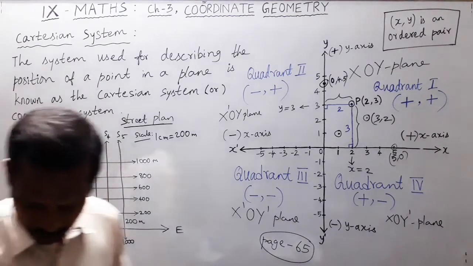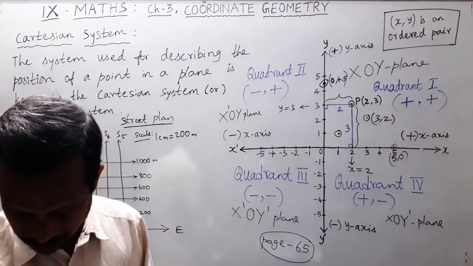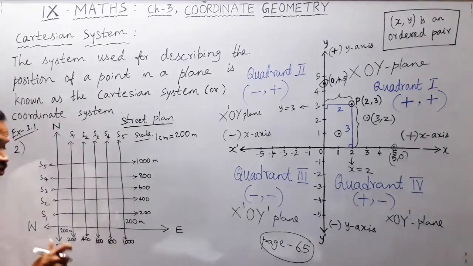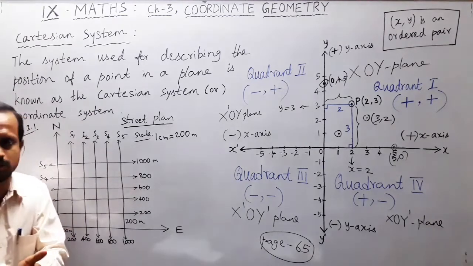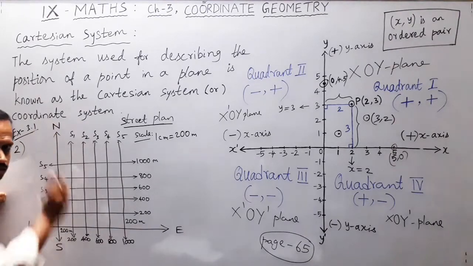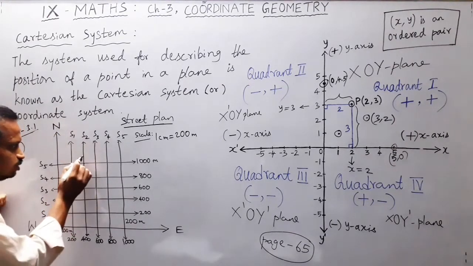So now, 2, 5. We call it the cross street 2, 5. So 2, 5 means, you see, first they are taking along the north-south direction. This is the manner given in this question, so you have to take accordingly. First we have to consider the north-south, the second street. Okay, north-south, second street.